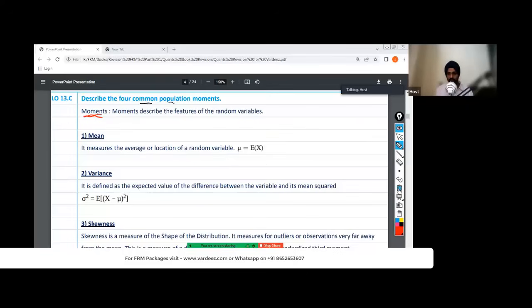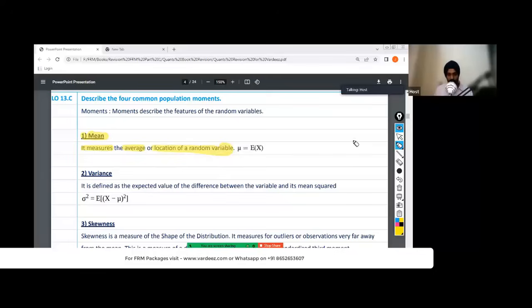The very first moment that we have is the mean. The mean measures the average or location of a random variable. The expectation that we saw is nothing but the mean or the average.